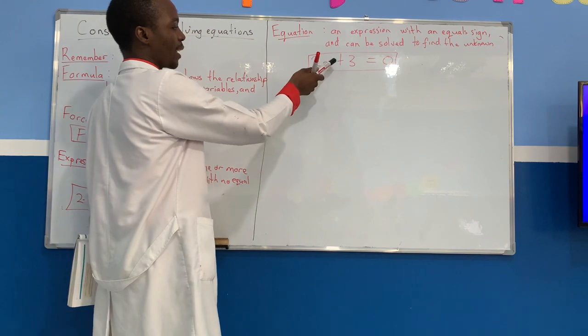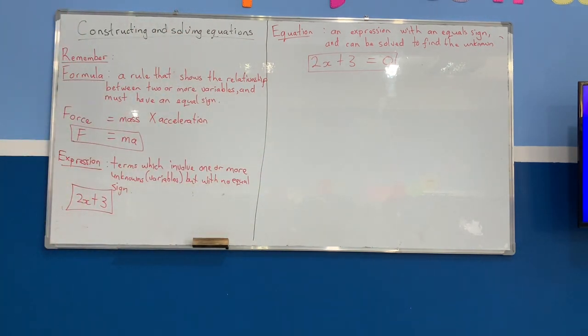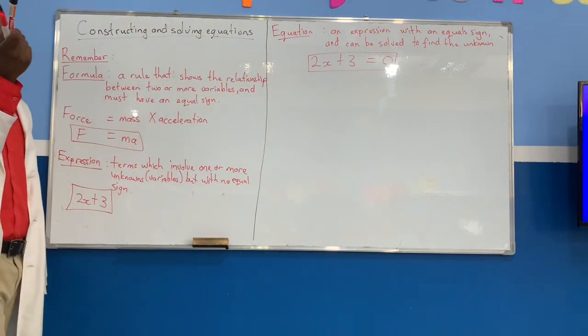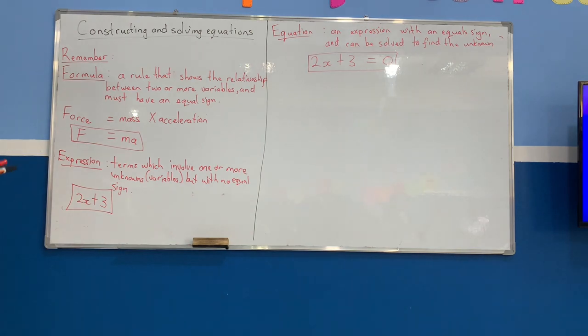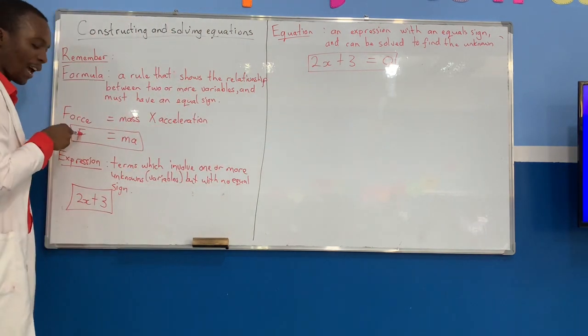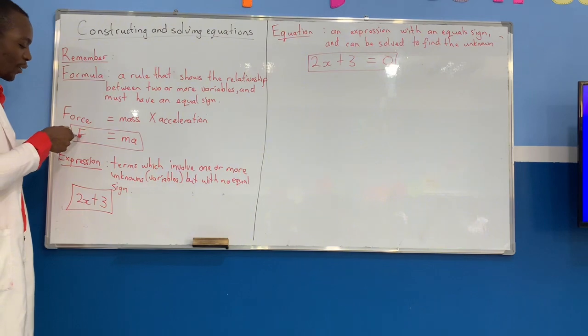Whereas in an equation, the unknown actually has a known value. The only thing which we need to do is to calculate the value of the unknown. So when we have equations, we say that we want to solve the equation to find the value of the unknown. So we say we solve for x or solve for y or whatever the unknown is. Whereas in a formula, we need to assign it values.